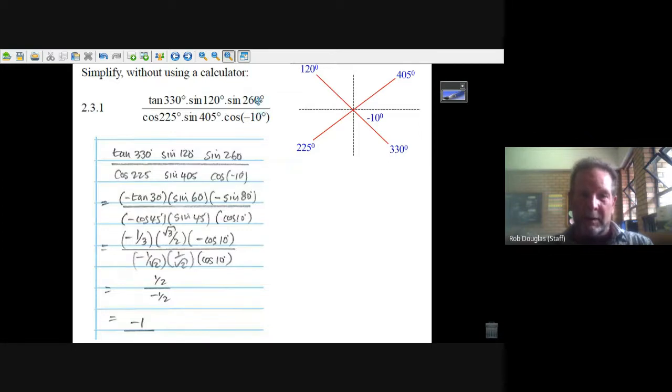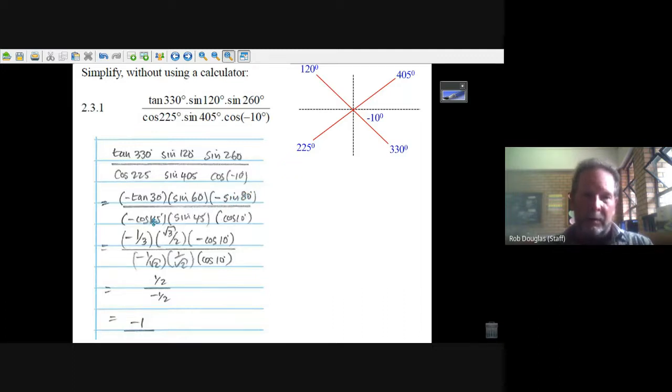Well, 260, I haven't done this one, but I'm going to do it now. Say I go to 260 degrees, it'd be down here somewhere. Well, that's the third quadrant, and sine is negative there. It's 80 degrees past 180, so the reference angle is 80 degrees, but it's negative, the sine of 80 degrees.